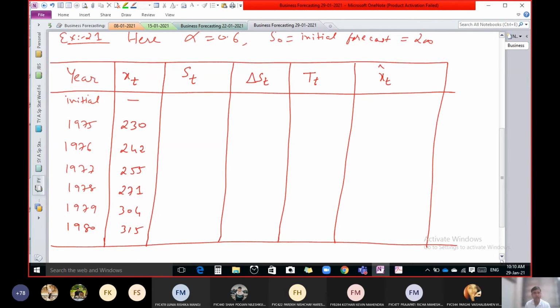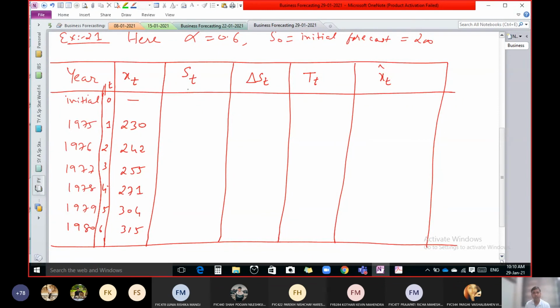Here the initial, that means the 0 year. Initial year means 0 year. So this is the first year. This is 0 year, first year, second year, third year, fourth, fifth and sixth. You can consider this as time t: 0, 1, 2, 3.